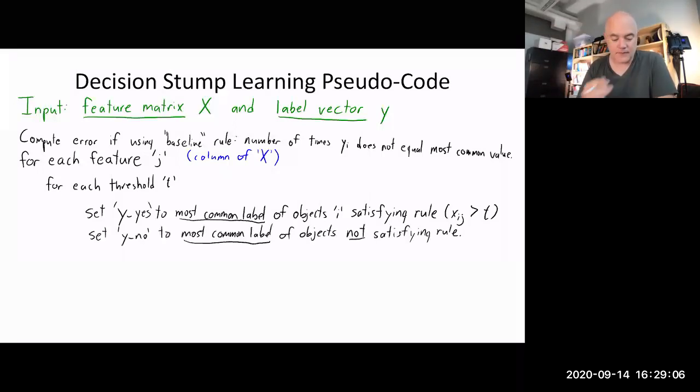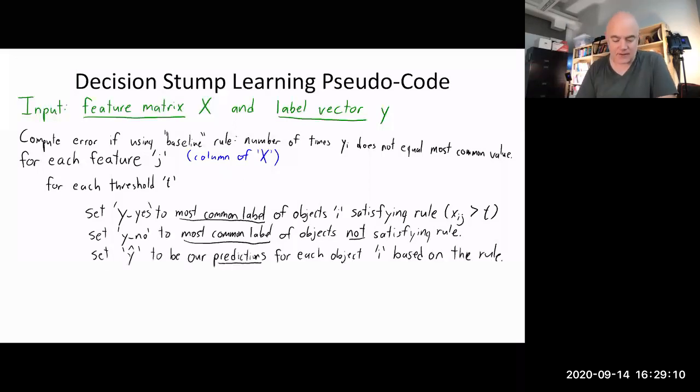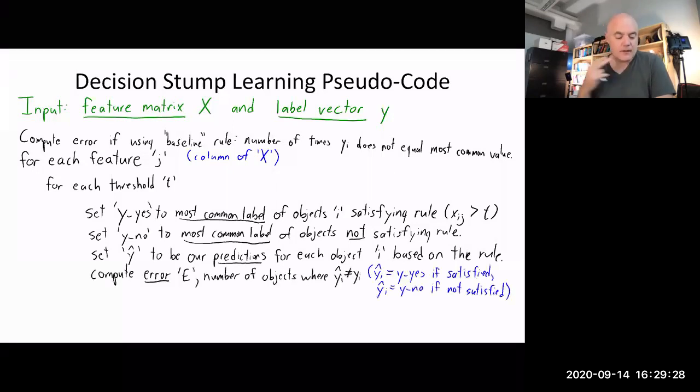And you set y no to the most common label of the objects not satisfying this rule. And you set y hat to be our predictions, the actual predictions that you make, i.e. setting everything to y yes when x ij is greater than the threshold at this point in the loop, and y no alternatively. Right? Then we compute the error. That's the number of objects where y hat i is not equal to yi.